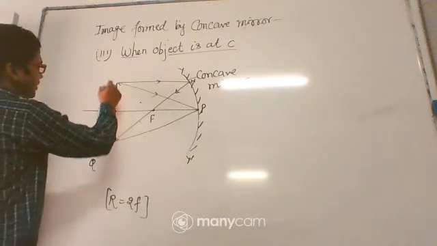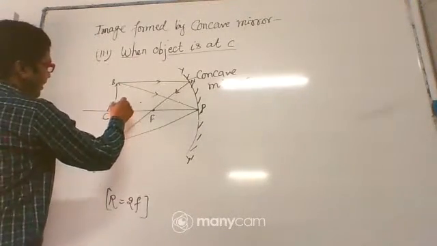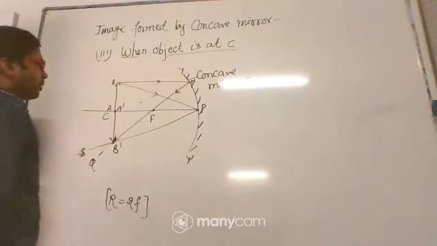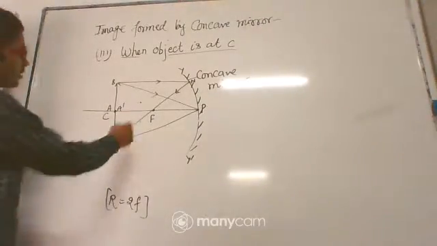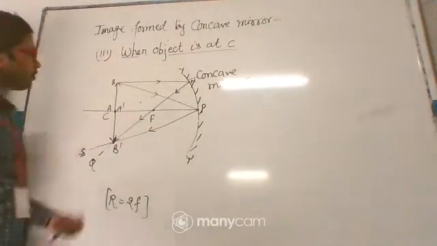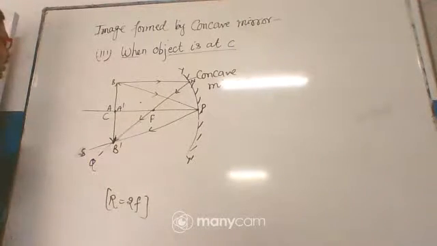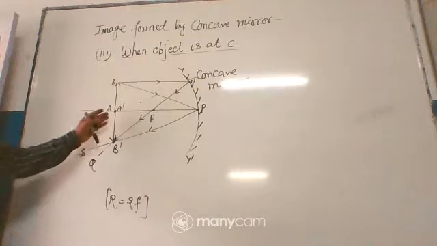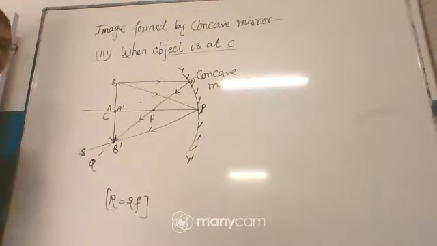and this is the position of the image. So this one is object AB actually, and this one, A dash B dash, is the image. So you can see here the image is also formed at the same point C where the object is placed. In this case, the image and the object positions coincide.